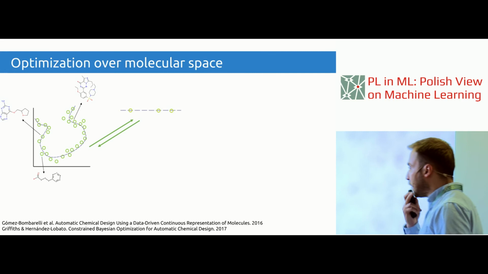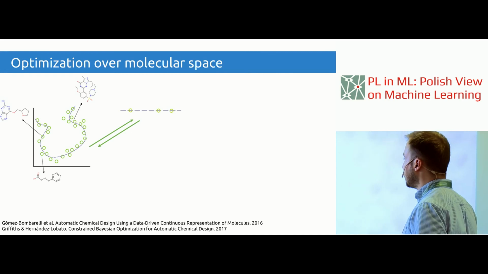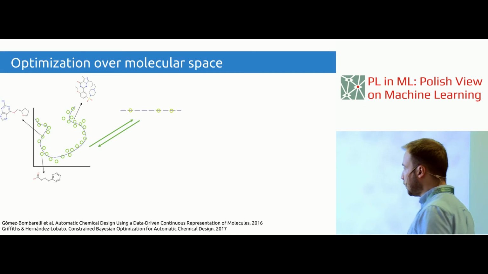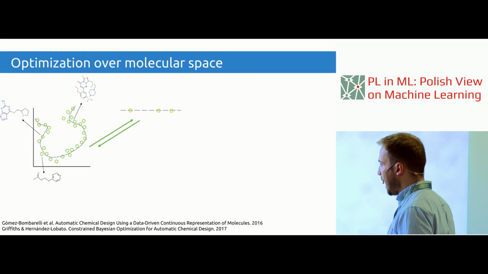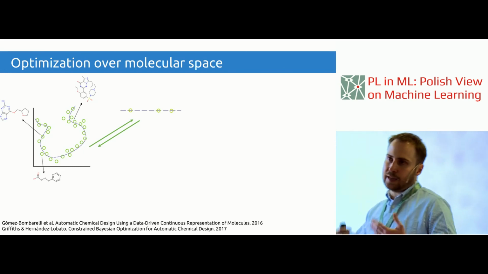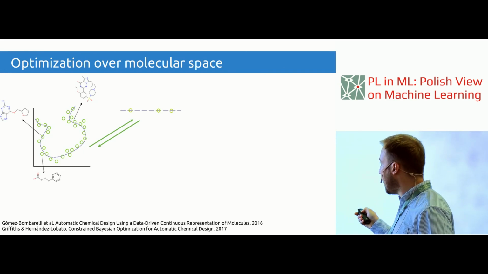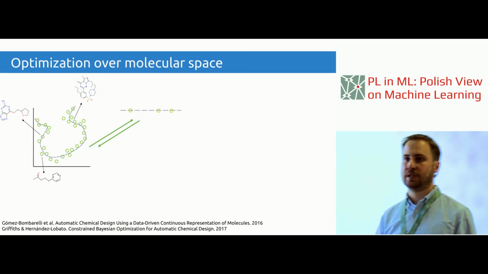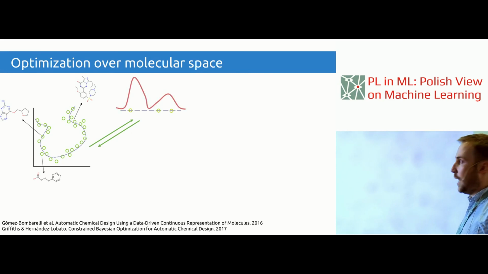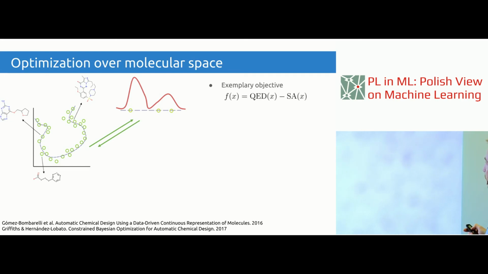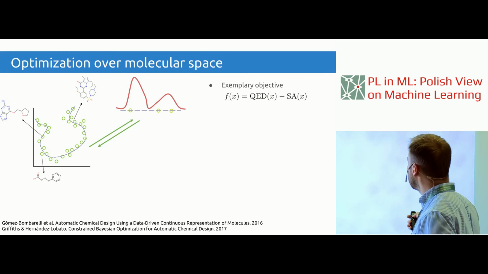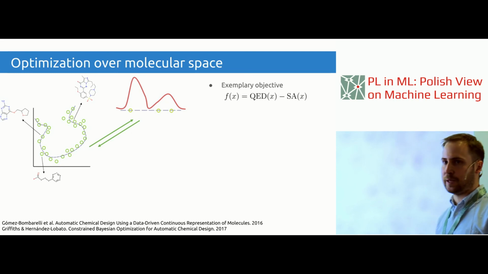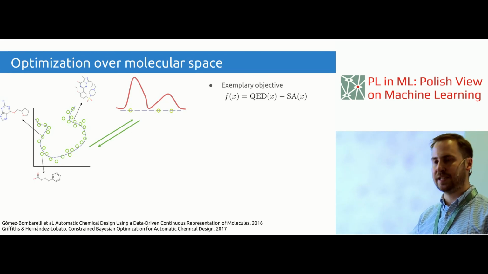And finally, at the end, I would like to tell you about one more technique. So let's imagine that we have already learned a kind of generative model, so a mapping between this molecular space and this representation space. And now we have some kind of function over the molecules. For example, this can be a combination of this drug likeness, and this is, I don't remember the name, but this is basically how easily you can synthesize your molecule.